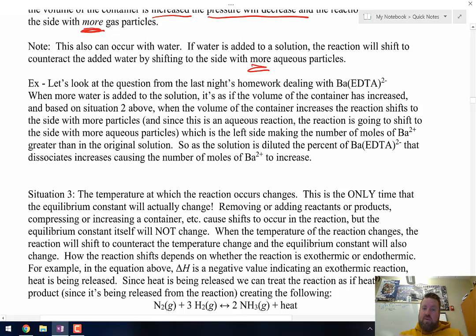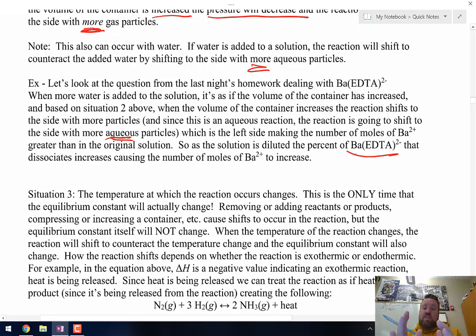And since this is an aqueous reaction, the reaction is going to shift to the side with more, again, not gaseous, but with more aqueous particles, which again, looking at that equation from our assignment last night, that is the left side, which is, we had the Ba2+ and the EDTA4- separate. And then on the product side, we had the Ba-EDTA, as we can see here, the 2-. Okay?